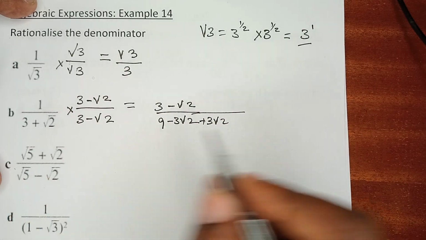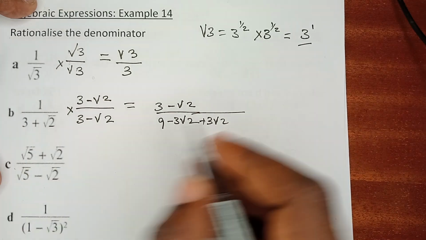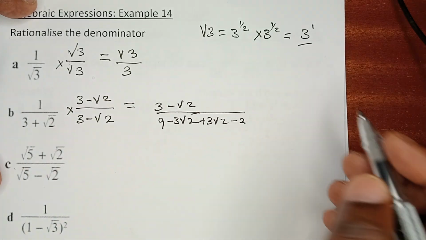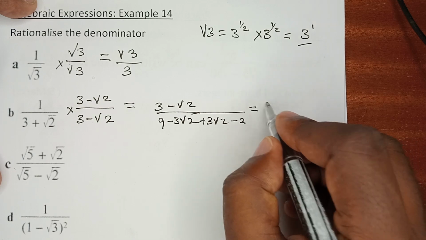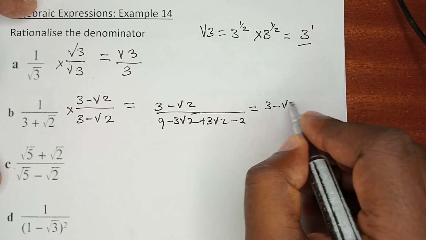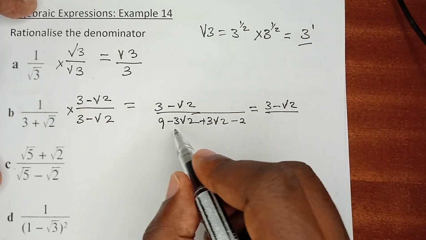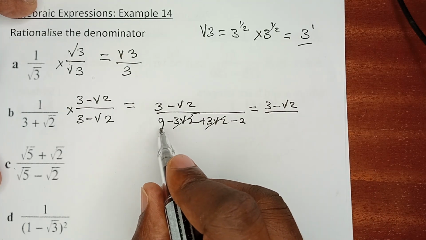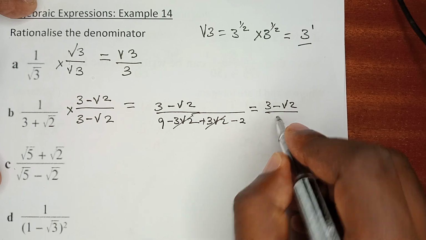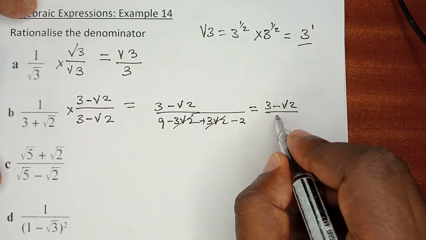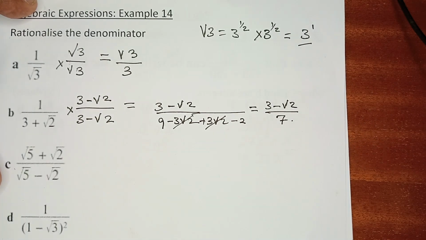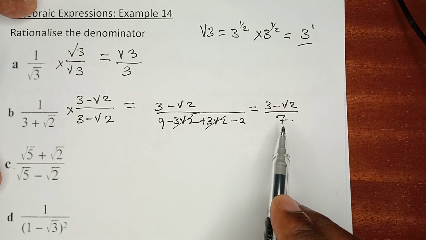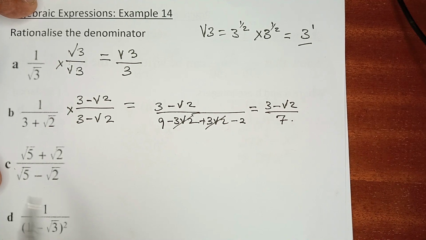And root 2 times minus root 2 is negative 2. So finally we have 3 minus root 2 all over 9 minus 2, since minus 3 root 2 plus 3 root 2 will cancel out, and 9 minus 2 is 7. And that is a rationalized denominator.